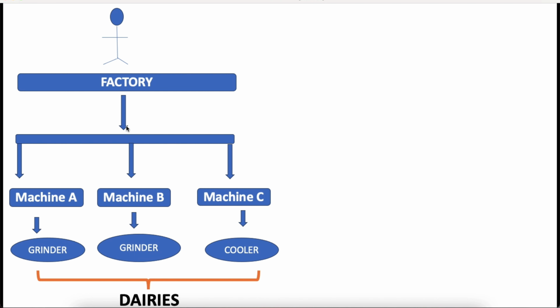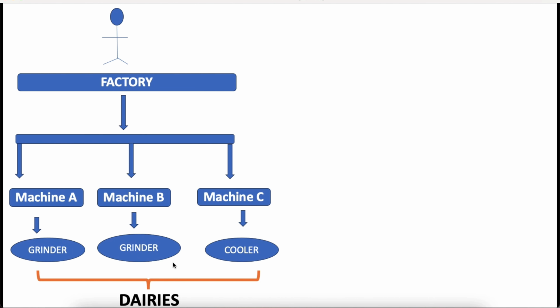Machine A is known as the grinder. Of course, in the production of his dairies, he needs machines that would be part of the production, or that would take sole responsibility of the production. So one of the machines is the grinder, and he has 2 grinders on different lines.